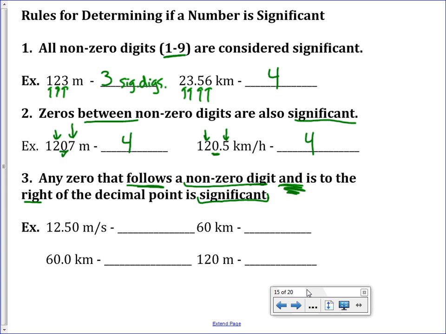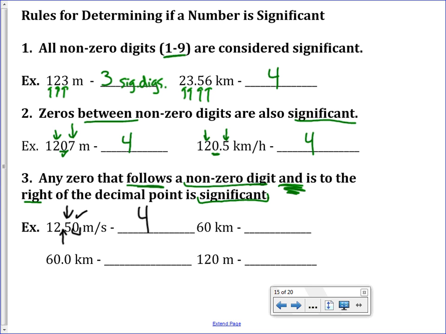The number of significant digits in this would be a total of 4. So here we have a 0 that is following a non-zero number and is to the right of that decimal place. So in this case, this 0 counts as a significant digit. So we have a total of 1, 2, 3, 4 significant digits.